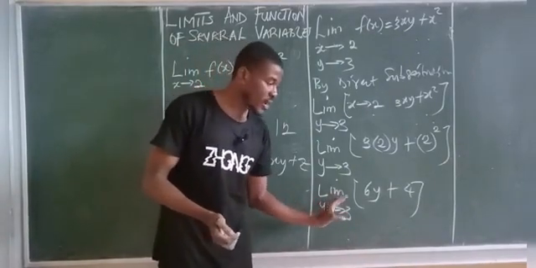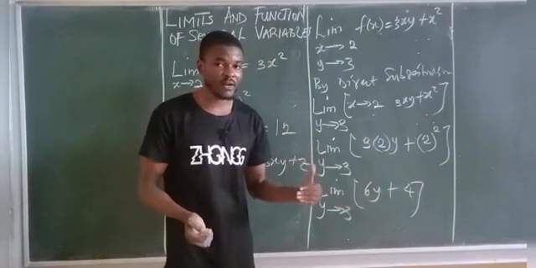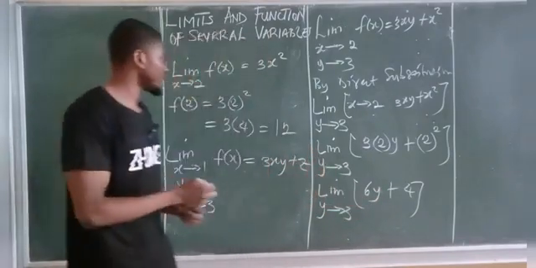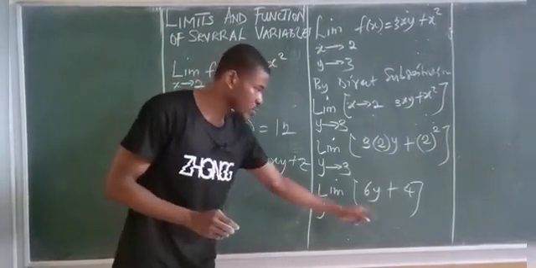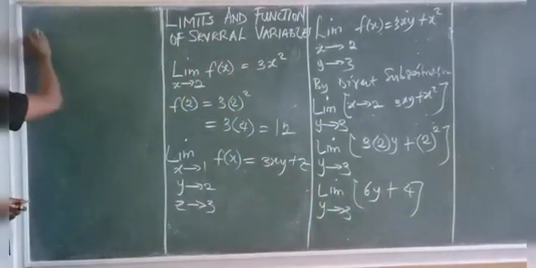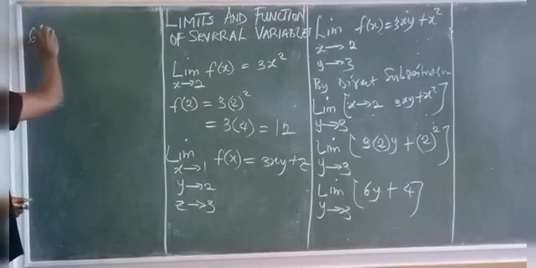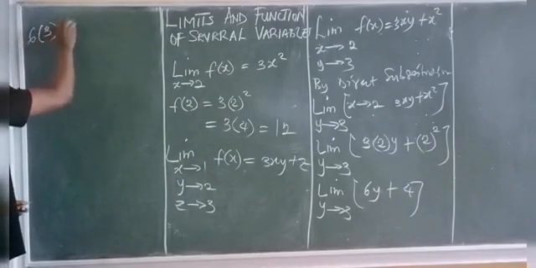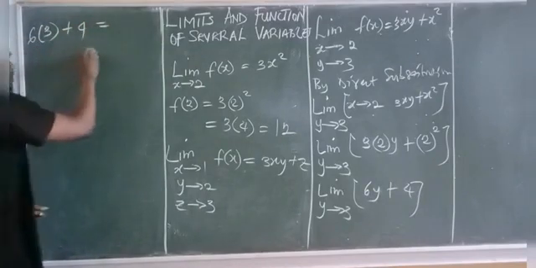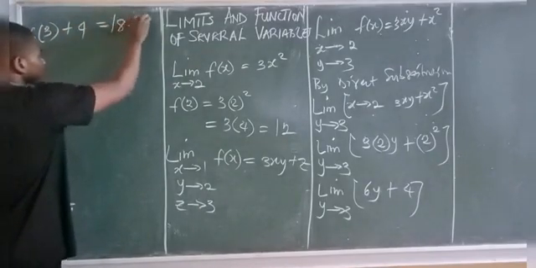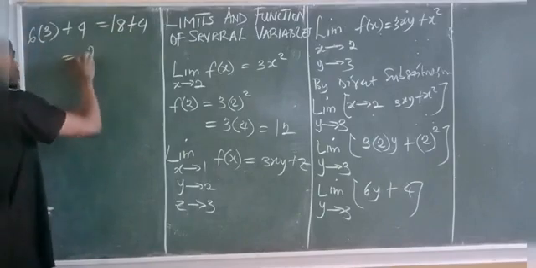So wherever I see y in the equation, simply substitute the value as 3. And if you do that, this becomes 6 times 3, plus 4. And this will give us simply 6 times 3 is 18 plus 4, which is simply equal to what?